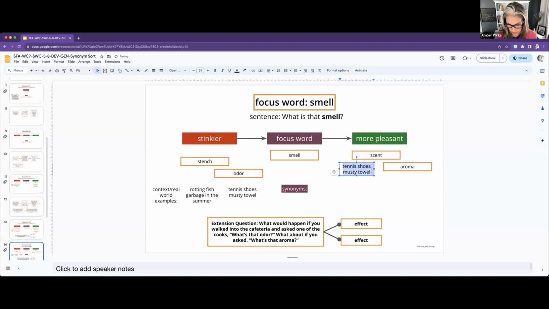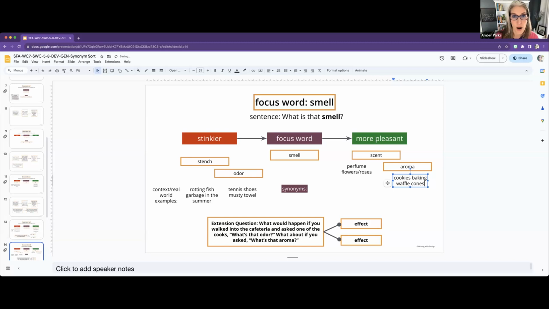And I might say something like perfume. Might even say like flowers here, or roses in particular. And then one more for aroma. This definitely makes me think of food in particular. So I would say like cookies, baking, or even like waffle cones.